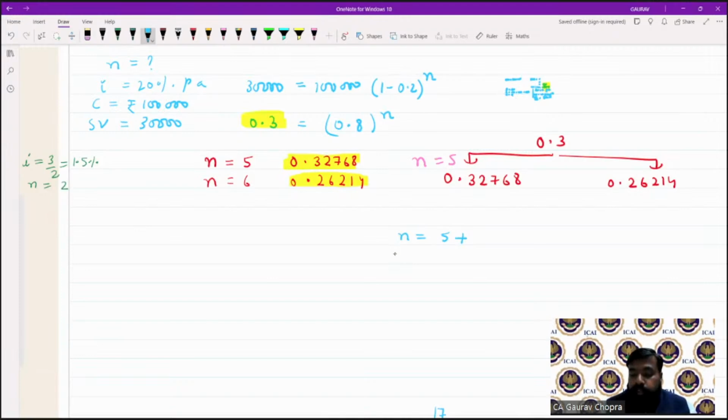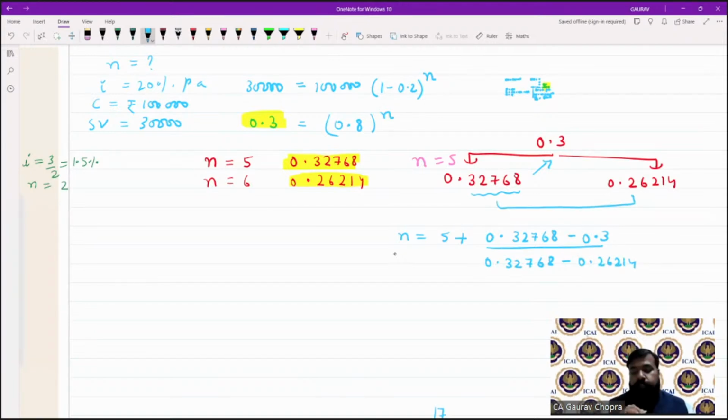Now what is the upper value? The upper limit is 0.32768. This is the upper value. Where did we have to take it up to? Up to 0.3. So we have to subtract 0.3. Upon will be the total difference: 0.32768 minus 0.26214. So this is the total difference.